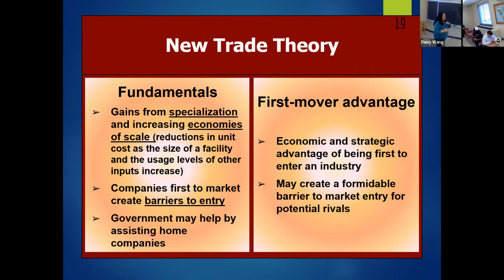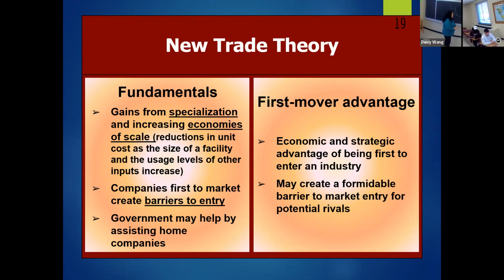By using that, we can expand to different markets, because usually the domestic market has a set size. In order to grow bigger and use our growing capacity, one way is to go to foreign markets. So we will use the foreign market to expand our capacity and reach economies of scale.